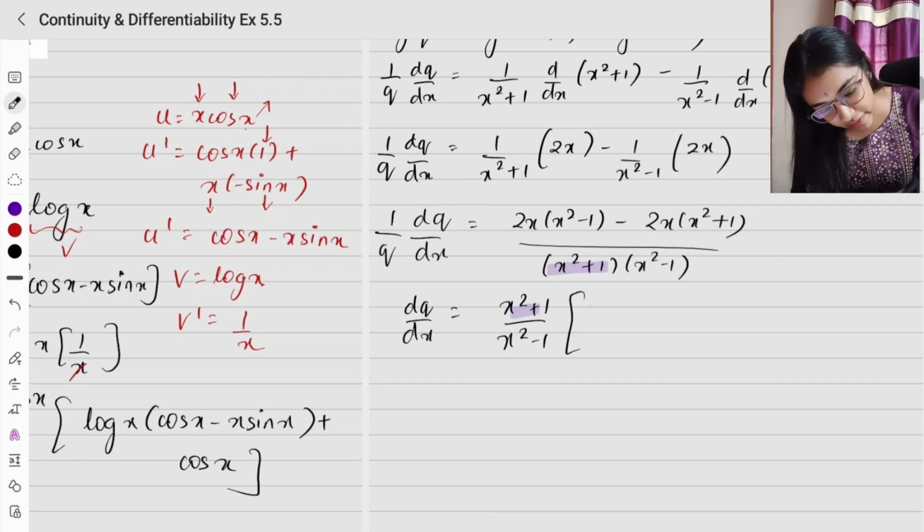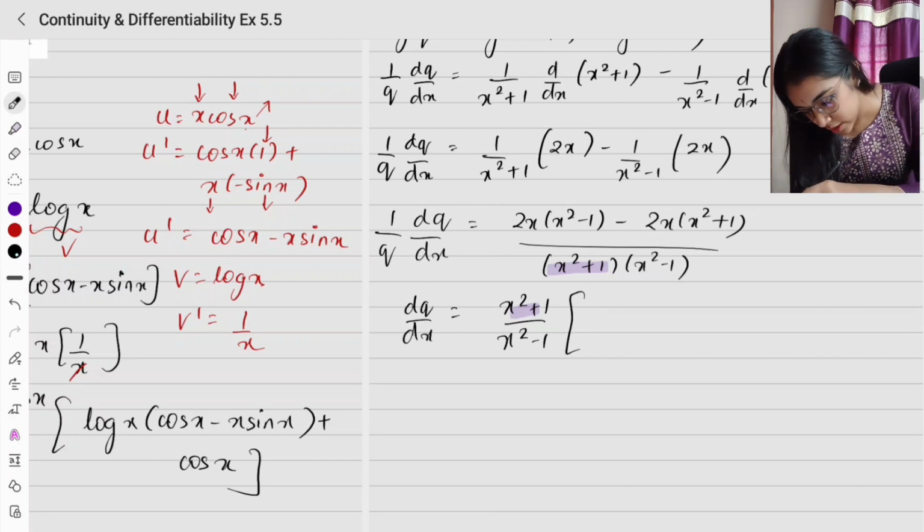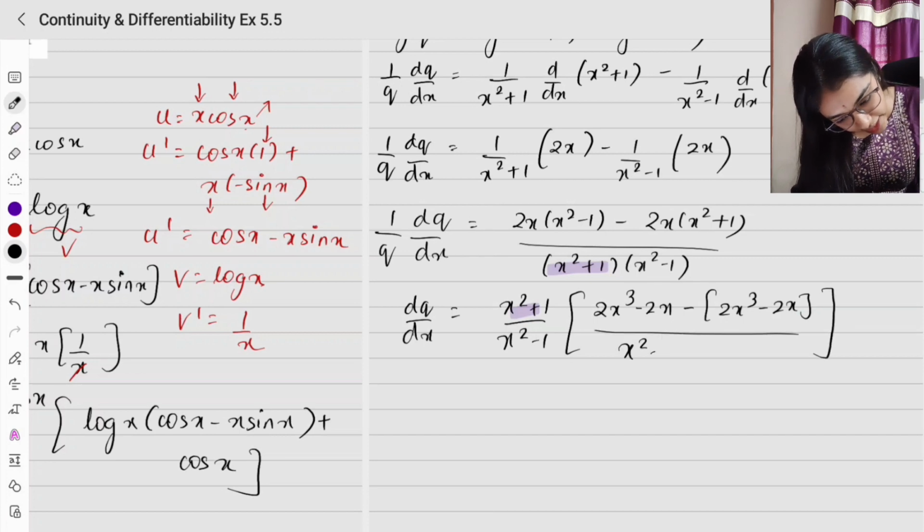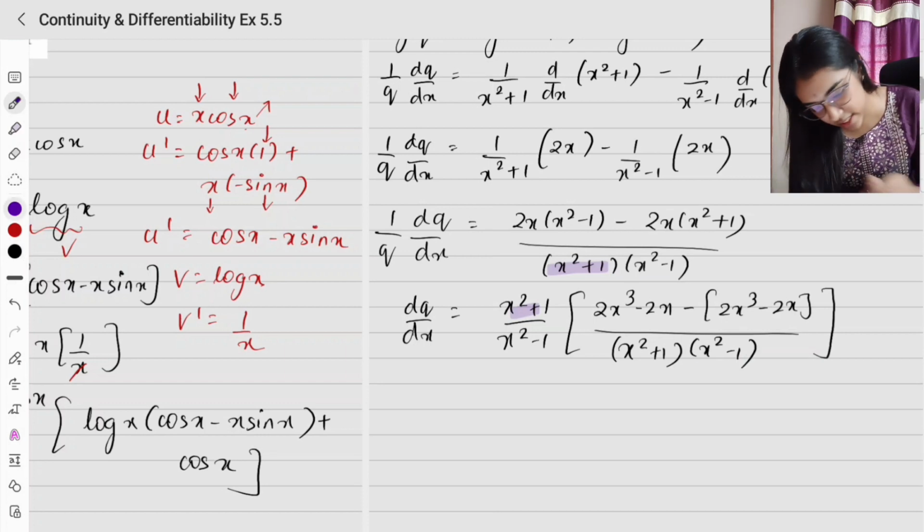So what do I have? If I multiply this, I'll have 2x cube minus 2x minus of 2x cube minus 2x. Whenever you have a minus, put a bracket, divided by x square plus 1 times x square minus 1. Now this term and this term are going to get cancelled.